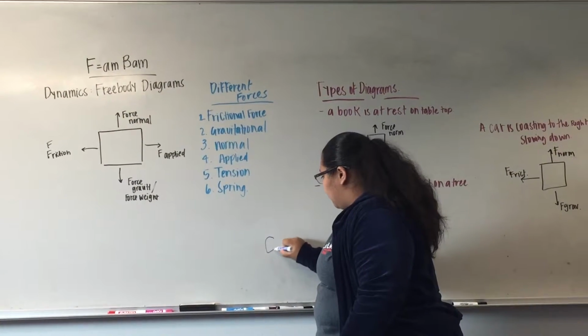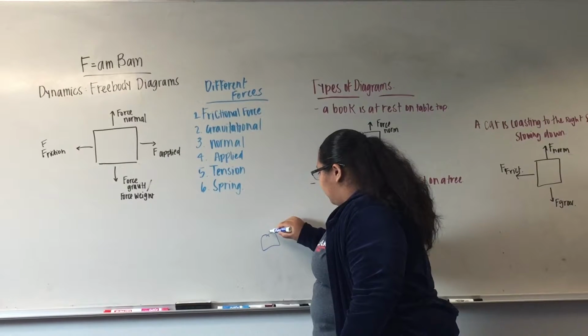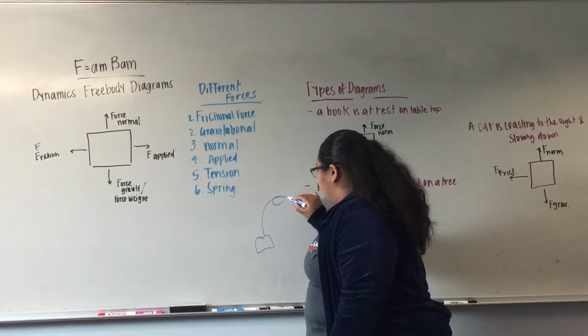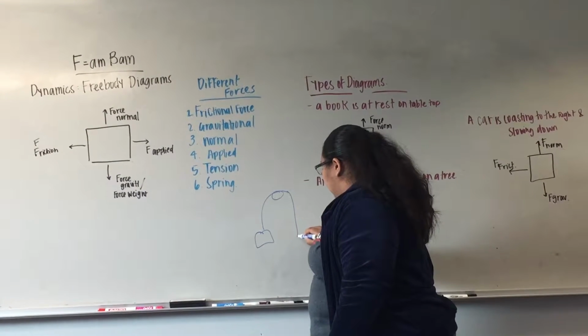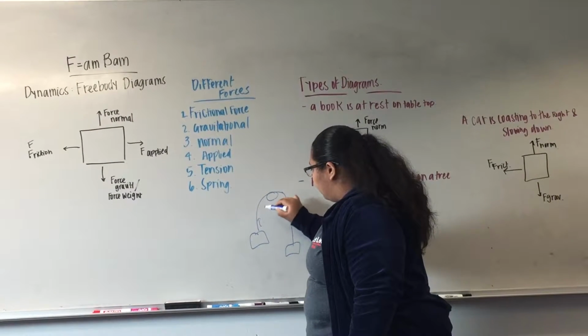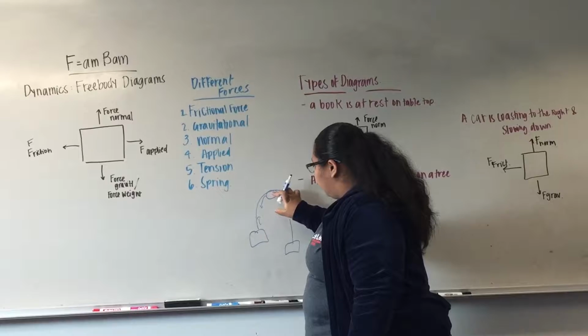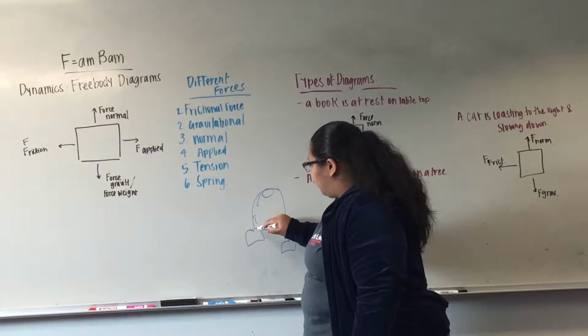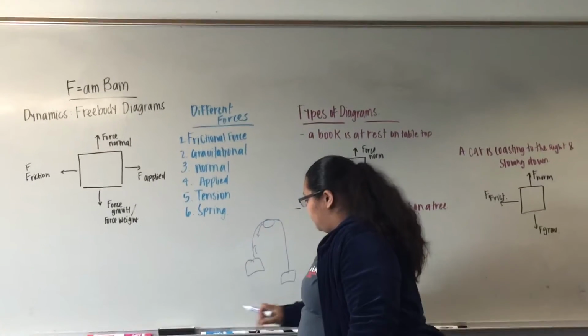So we can draw, like, a pulley. We have another object right here. There's tension going on both sides, from the pulley and from the object, on the rope.